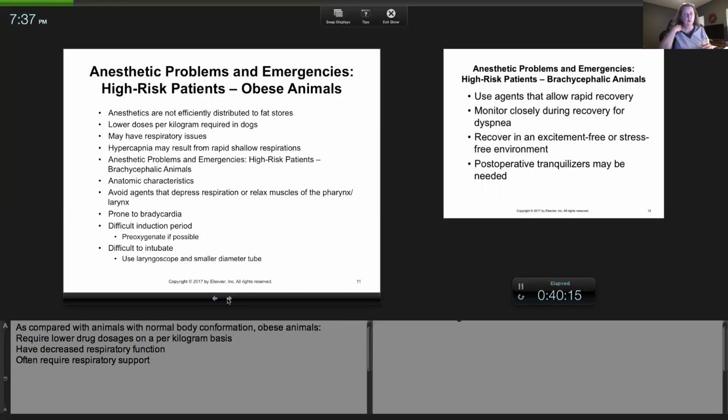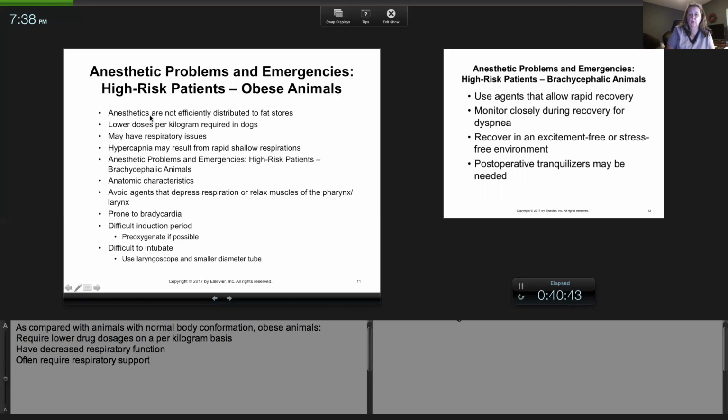If I have a 100-pound Labrador, and he's probably supposed to be 80 pounds, and your vet might do this, or you'll get comfortable guesstimating weights, then you're usually going to calculate your drugs mg per kg on ideal weight. So when I calculate the anesthetics, I calculate them for an 80-pound dog.